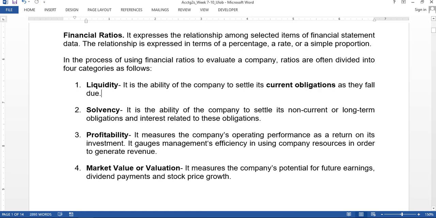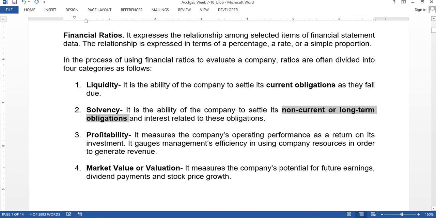The solvency naman, same pa rin sila, ability to pay, pero yung ability to pay niya is to settle non-current or long-term obligations. So, liquidity, short-term obligation ng company or current obligation ng company. Solvency naman is yung non-current or long-term obligation.